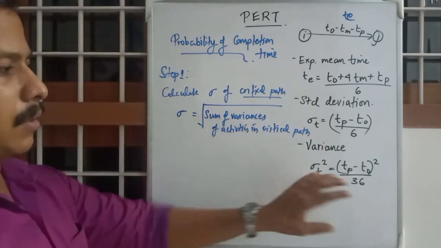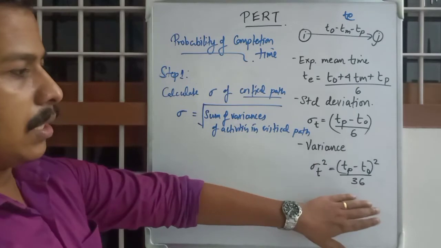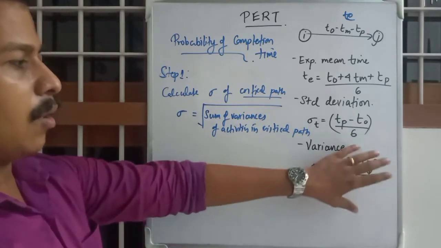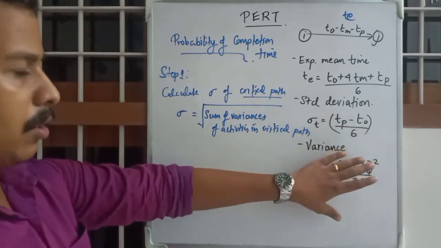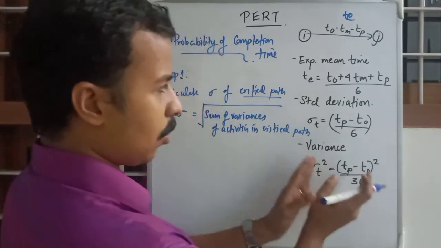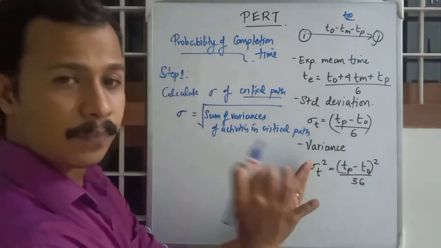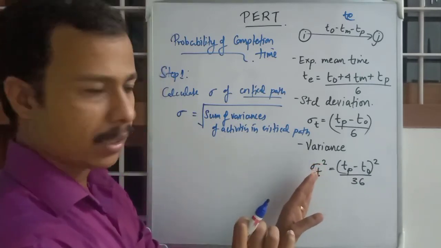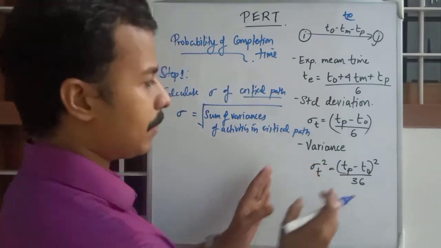As you know, variance is the square of standard deviation. So we will calculate the variance of each activity along the critical path only. It will be clearer when you do an example.